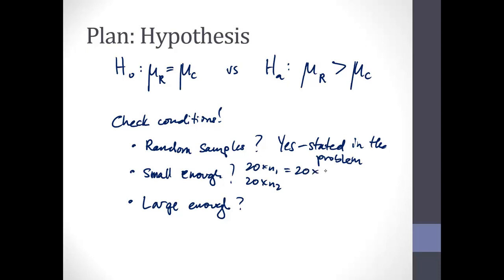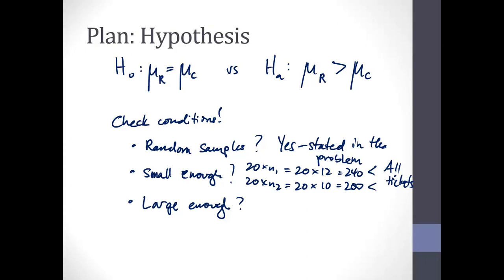First sample we had 12 Rolling Stone tickets, and we had 10 Coldplay tickets. So 240 and 200. Are there more than that many tickets for both of those groups? Of course there are, right? So both of these are less than all tickets from that summer 2005. So that's our small enough condition. We're good to go there.